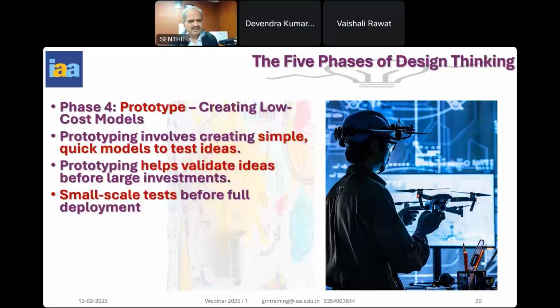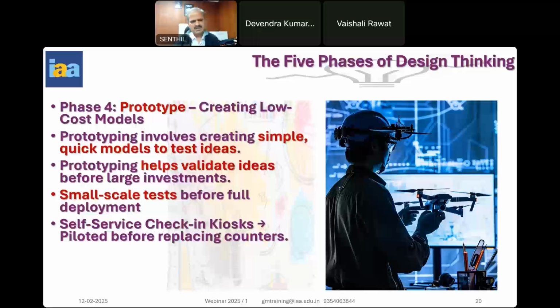And small scale tests will always be beneficial for the organization because you will not block capital for a long time. Once you find it is worthy, then only you will come to the main area. Say for example, self-service check-in kiosks. Even when we implemented them in major airports, initially we kept a few counters. We have not replaced any counter. Even till now, we have not replaced the physical counter, isn't it?